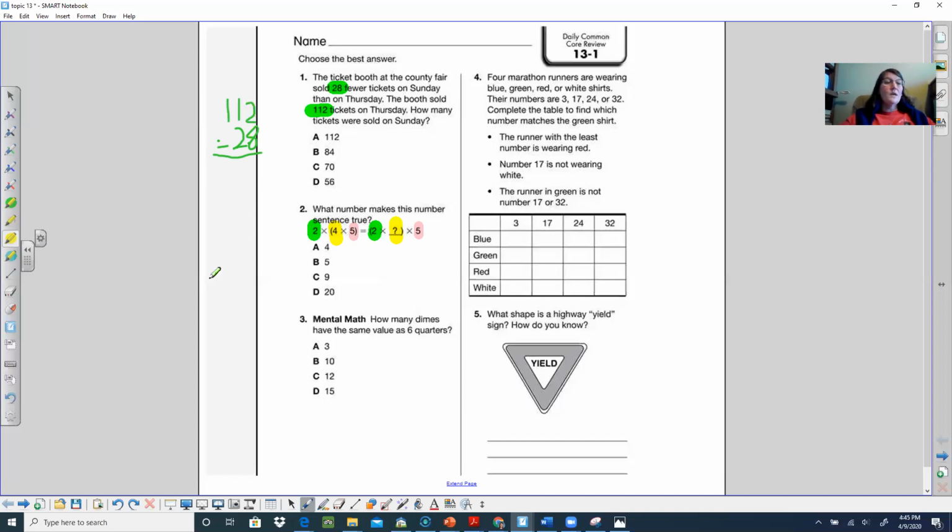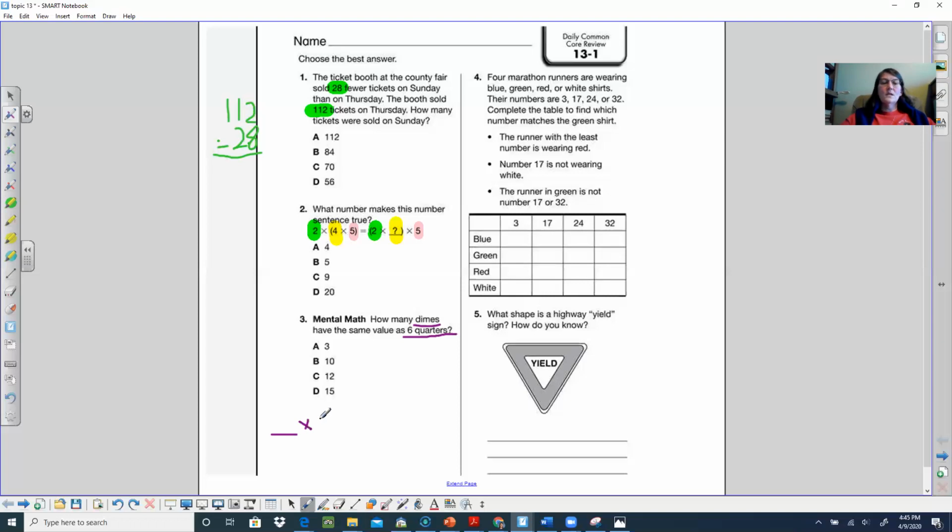Okay, number 3. Now remember, even though it says mental math, you really probably should show some work on it. How many dimes have the same value as 6 quarters? So we are dealing with quarters and we are dealing with dimes. And we need to remember that a dime is worth 10 cents.